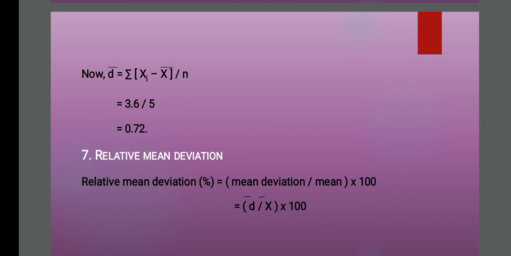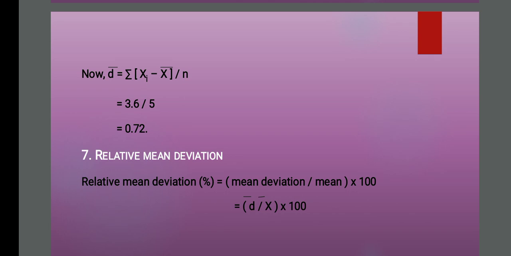So this is about mean deviation. Is it clear for you? I'll go with the next point. The next one is relative mean deviation. It's very simple. Relative mean deviation is mean deviation divided by mean, into 100.